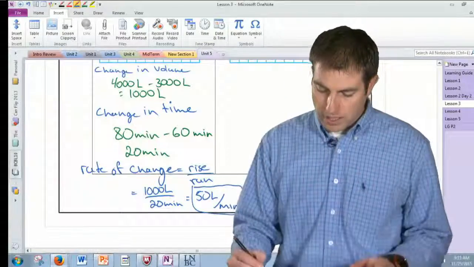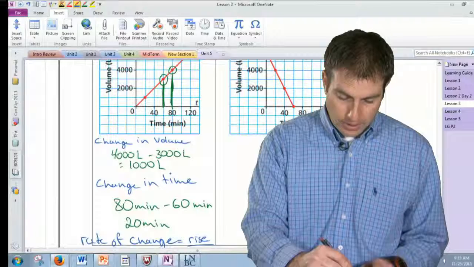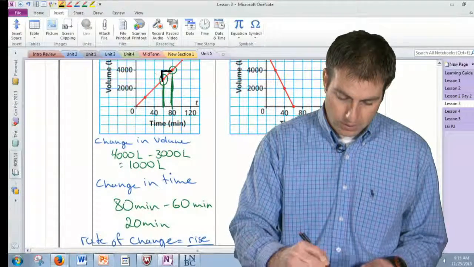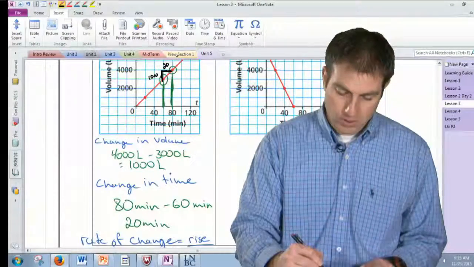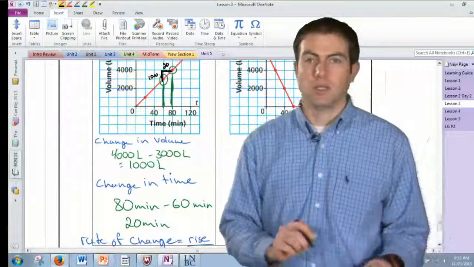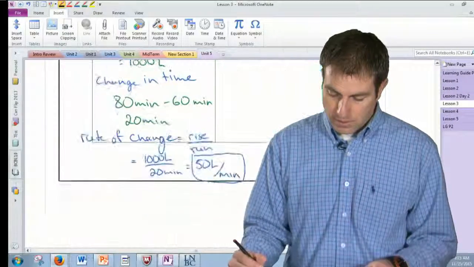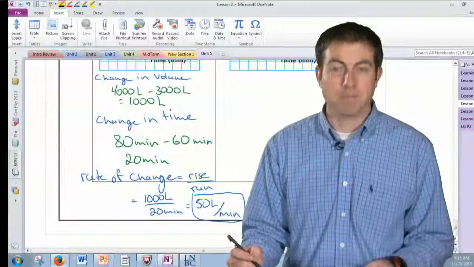In this case, the rise, we were talking about going from the point here up, and then our run over here. So this rise was 1,000, and this run was 20. So 1,000 divided by 20 ended up giving us 50. And in this case, we're talking about liters per minute.